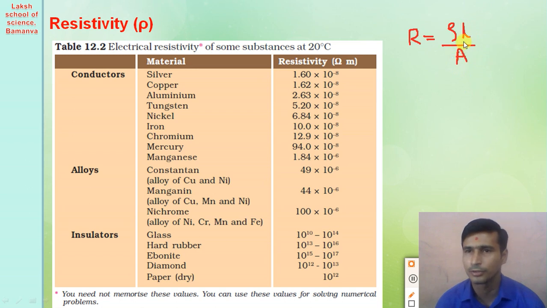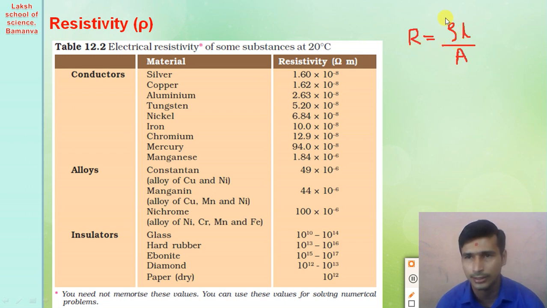If you know the length of the conductor and the cross section area, we can find it from the diameter of the conductor. From the diameter we can find the radius, and from that we can calculate the cross section area of the conductor. So if you know the length and the radius or the cross section area, the value of the resistance we can easily find.